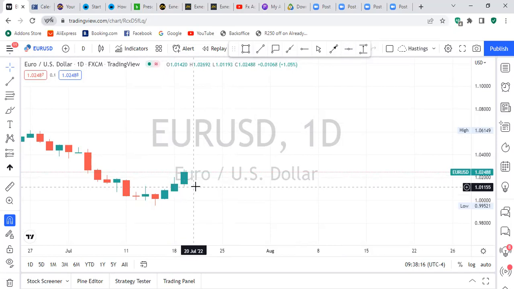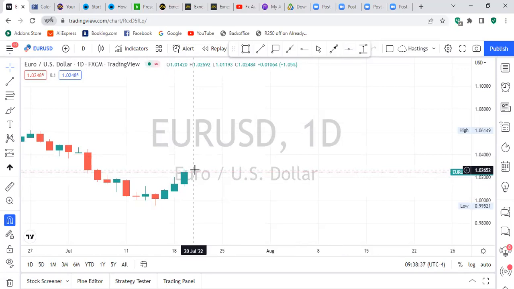It means the price today, the price opened at 1.0155, and it pushed all the way to 1.02652.